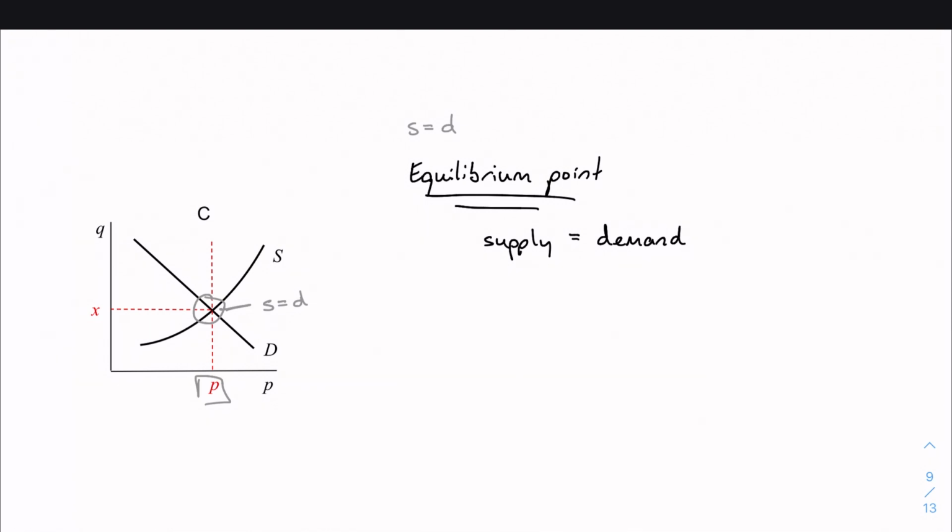I'm selling as much as I'm making. This is kind of a theoretical point. We will never be able to get exactly this, but we can get pretty darn close. And we'll always try to get pretty darn close because this means that our retail is working really well. Our sales are working optimally. So here's my equilibrium point. This is just the intersection of supply and demand.